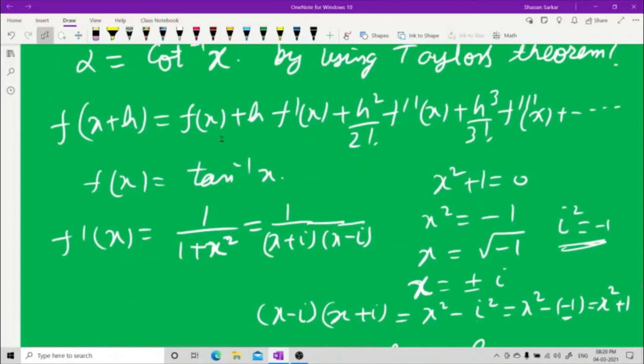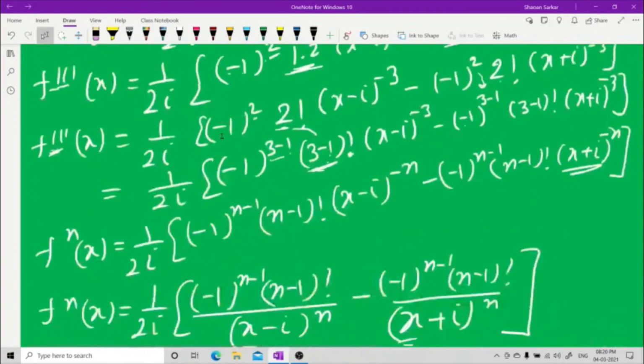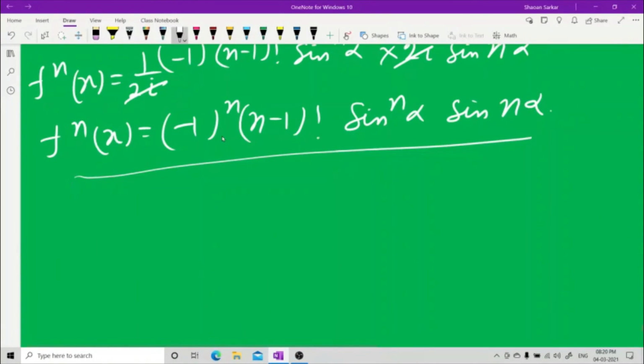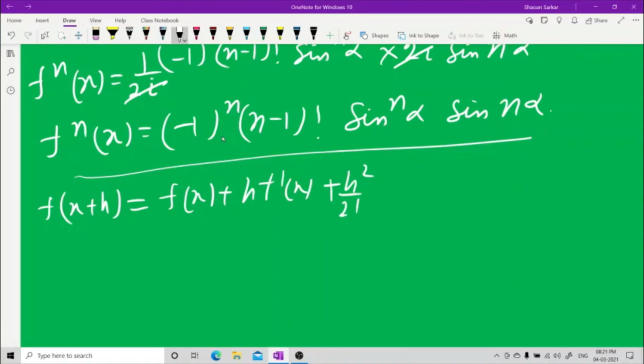So now we will use this condition completely here. So now you see, this is my formula. Let me write down the formula once again: f(x+h) = f(x) + h f'(x) + h square by 2 factorial f''(x) + h cube by 3 factorial f'''(x) and so on and so forth.